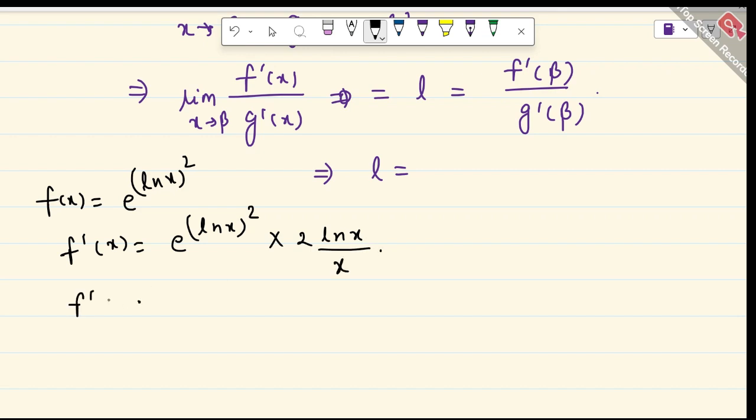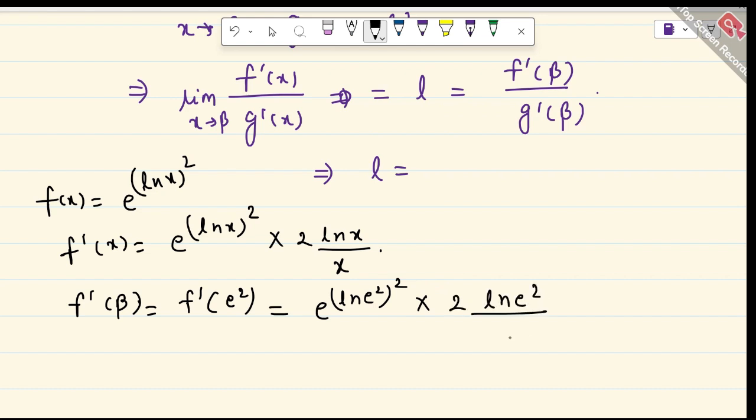So f dash beta, that is f dash of e square, is equal to e raised to the power (natural log of e square) square, times 2 times natural log of e square over e square.